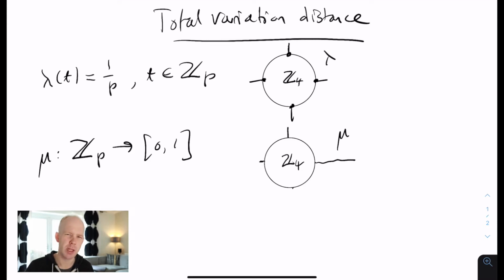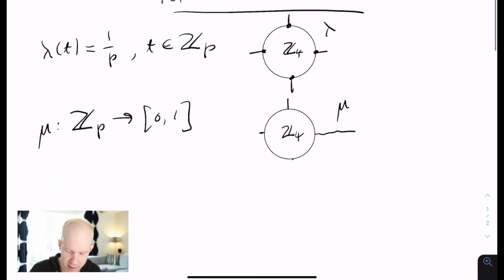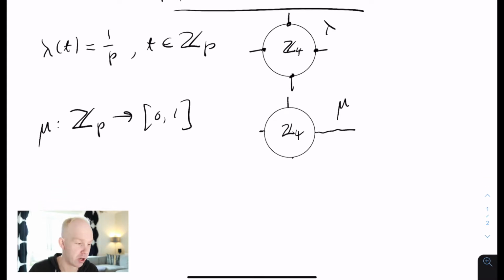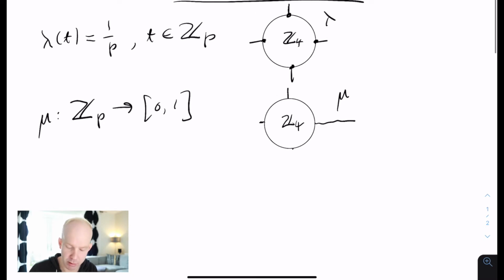So how would you measure the distance between these two objects? The basic way to do this is to study the measures of events, and then take the maximal possible difference between the measures of events. That's the way you get the worst possible case distance between these two distributions.